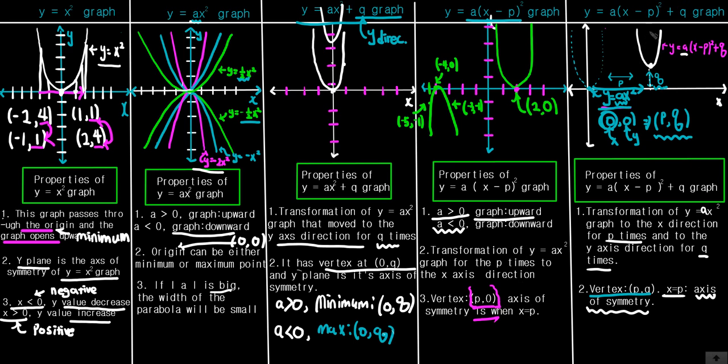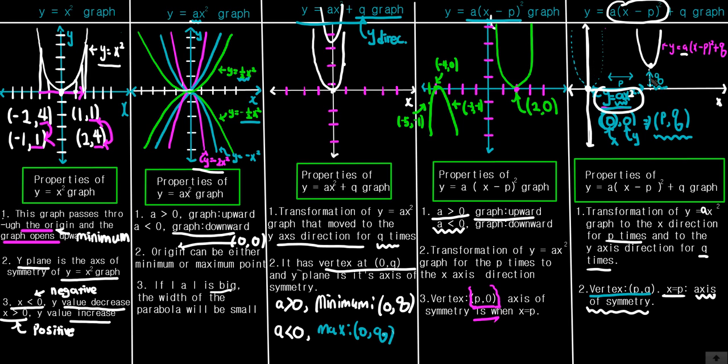The reason why we need to find the axis of symmetry of the graph of a times (x minus p) squared plus q is because for the y is equal to ax squared graph, the axis of symmetry is the y-axis, but the standard of its axis of symmetry is the case when the x value makes this whole expression turn into 0.